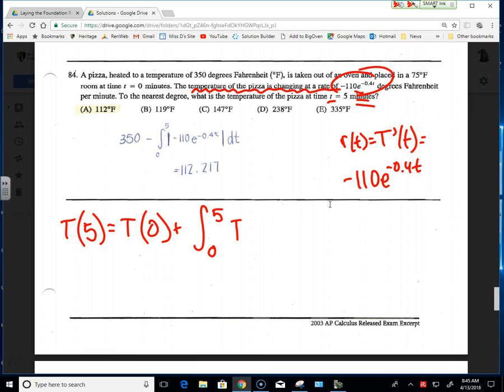Integral. Plug it in your calculator. Negative goes in, and it will be a minus because of the negative. They just did it a different way.